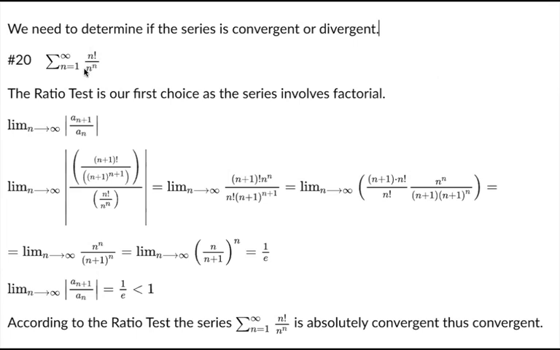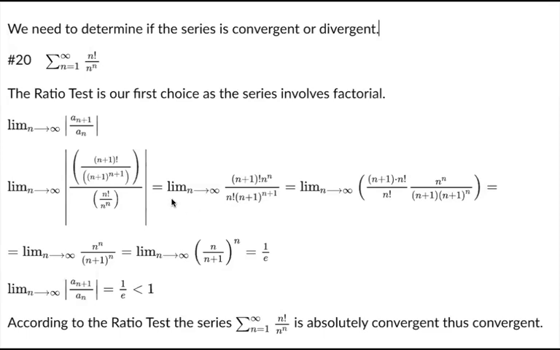So we take the n plus first partial sum. And here it is, n plus 1 factorial over n plus 1 to the power n plus 1. And this is our numerator. And in the denominator, we have this expression as it is, n factorial over n to the nth power.